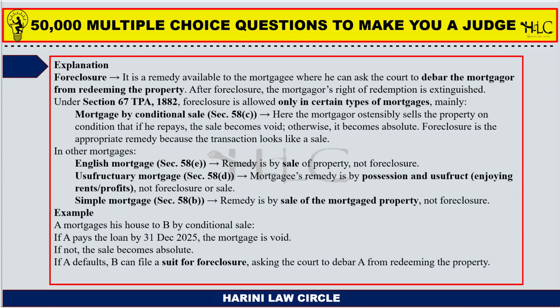So we need to know what is a mortgage by conditional sale. Here the mortgagor ostensibly sells the property on condition that if he repays, the sale becomes void, otherwise it becomes absolute. Foreclosure is the appropriate remedy because the transaction looks like a sale.